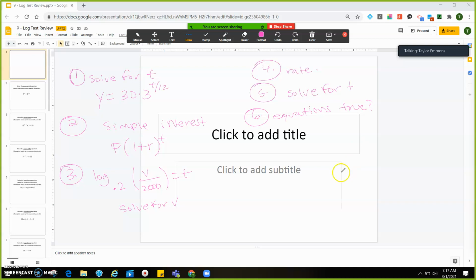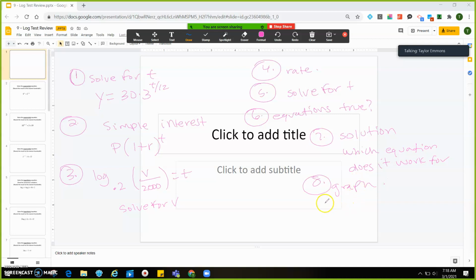The next one's going to ask you about if there's this solution, which one of these equations does it work for? The next one is asking you to graph. Okay, so it gives you the equation, and then you actually have to pick out the graph.